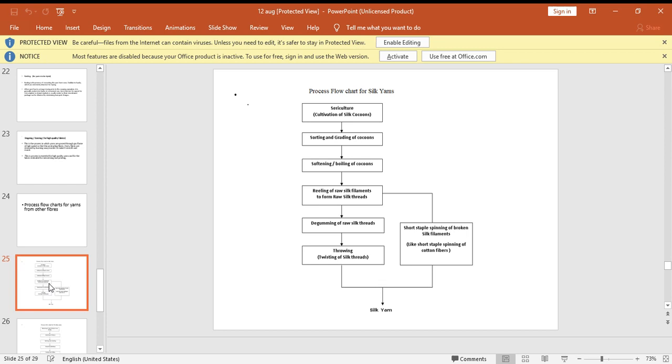First, sericulture, that is cultivation of silk cocoons. Then sorting and grading of cocoons. Then softening and boiling of cocoons. Reeling of raw silk to form raw silk threads. Then degumming of raw silk threads. Throwing the strings of silk threads, and finally we get silk yarn.